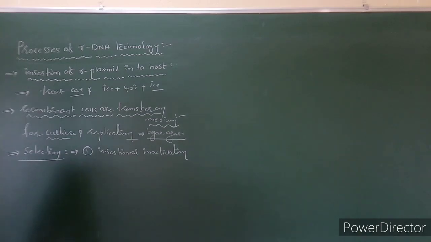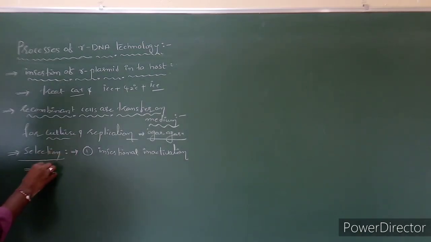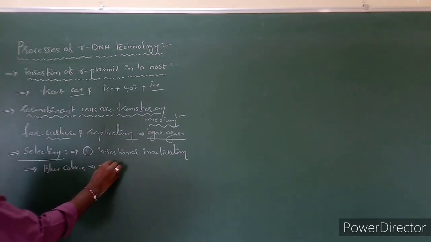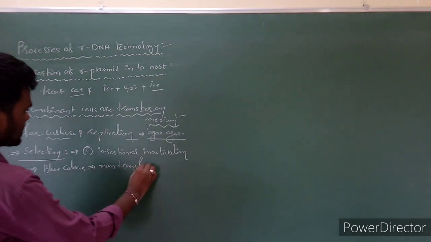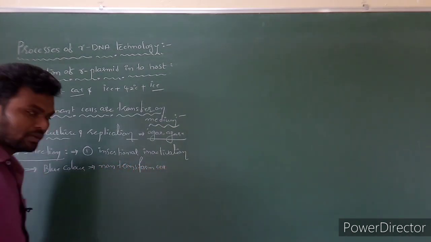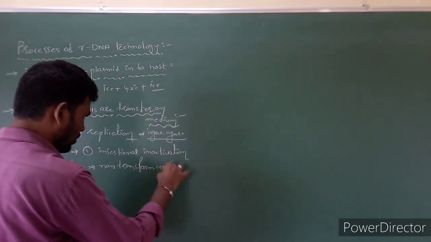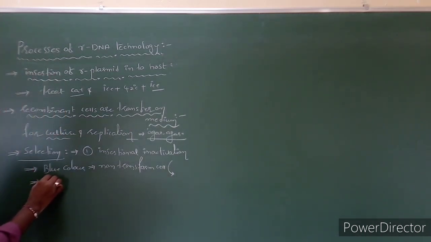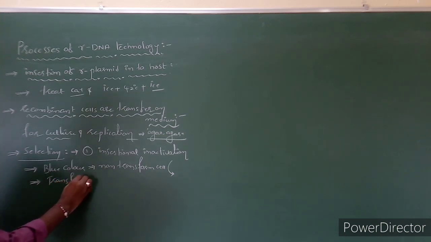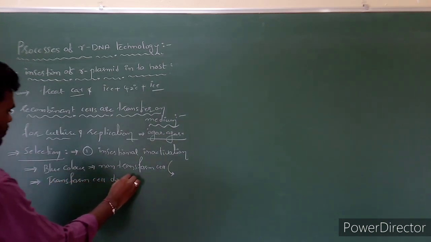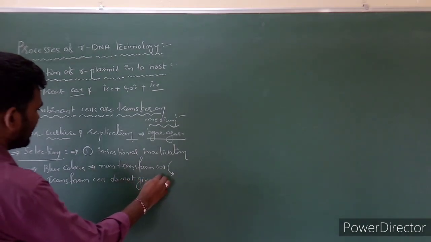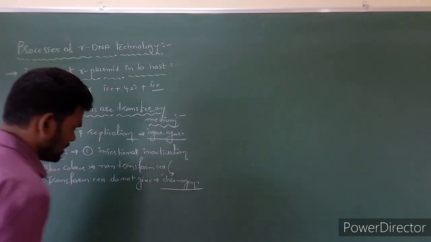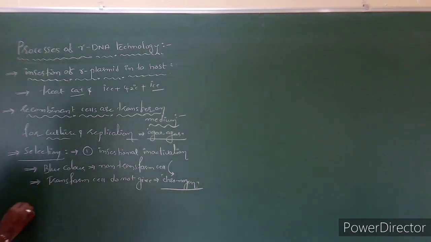On a colony on the medium, those which give blue color are non-transformed cells, nothing but non-recombinant cells, and those which are colorless are transformed cells, which do not give any color in chromogen stains. That is the first technique.